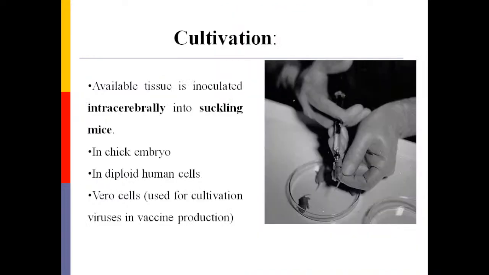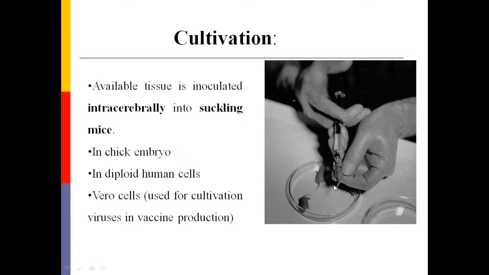What about cultivation of rabies virus, of Lyssavirus? Available tissue is inoculated intracerebrally into suckling mice. Available tissue means tissue with viruses, with Lyssavirus. Nervous tissue from an infected person or animal is inoculated intracerebrally into suckling mice.